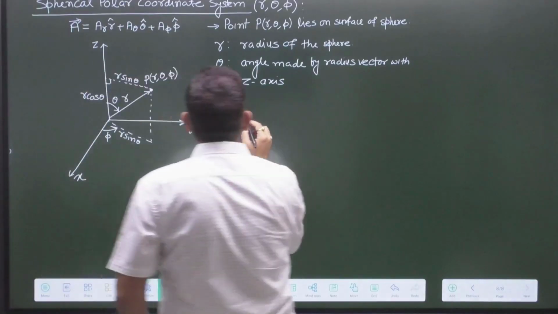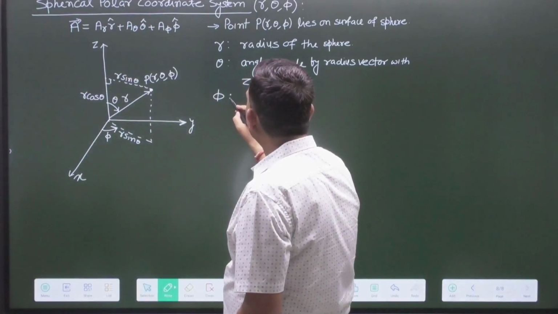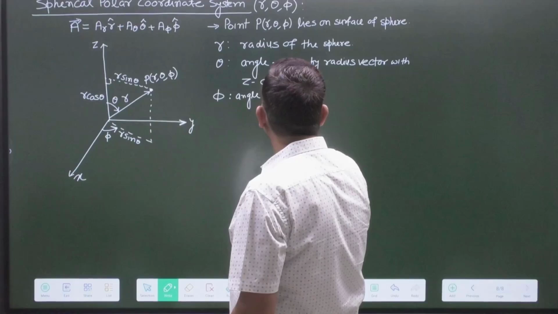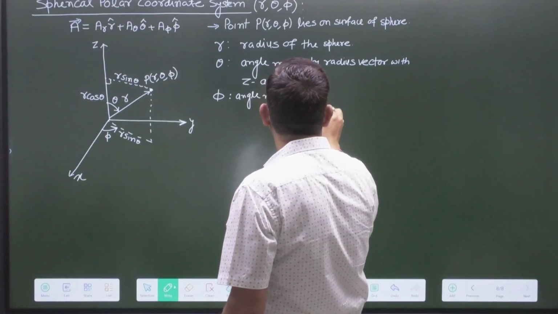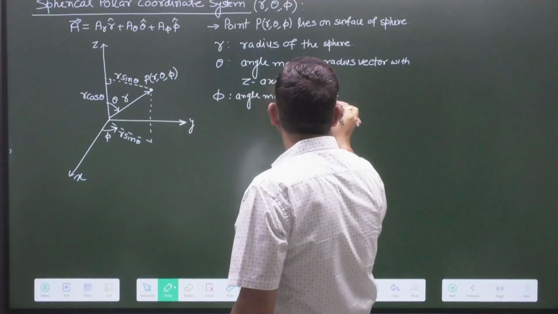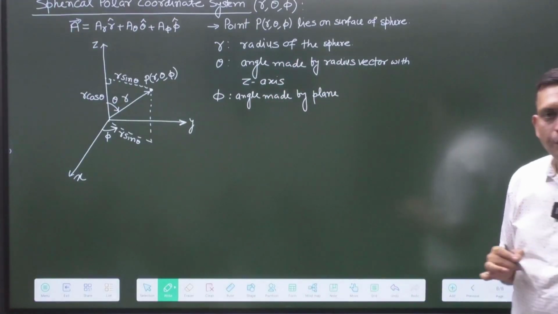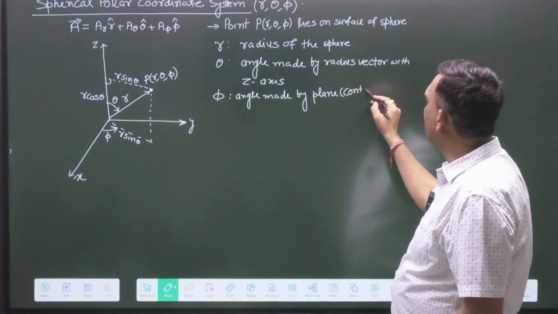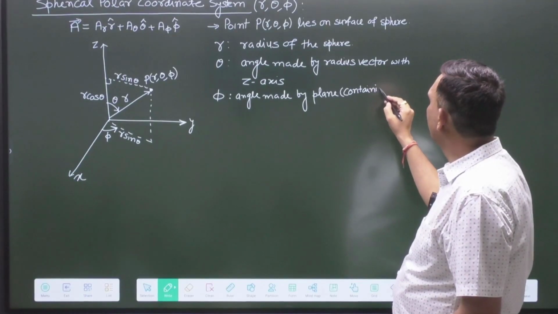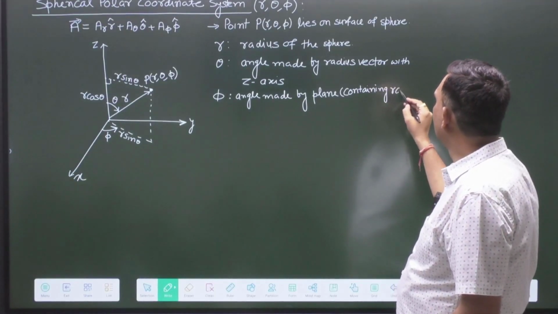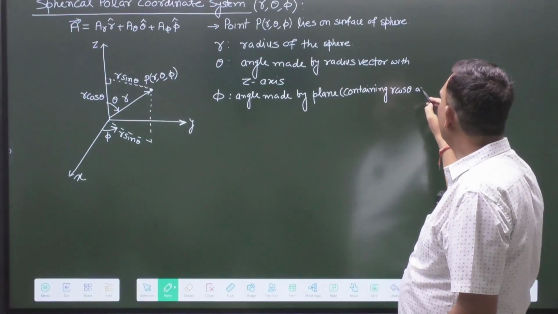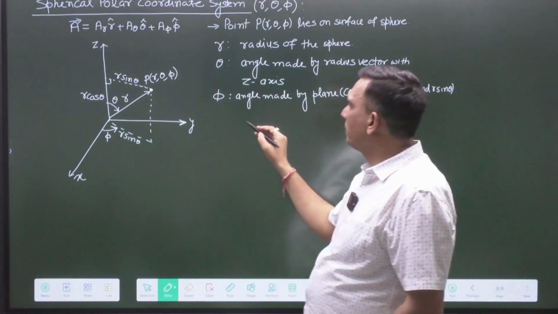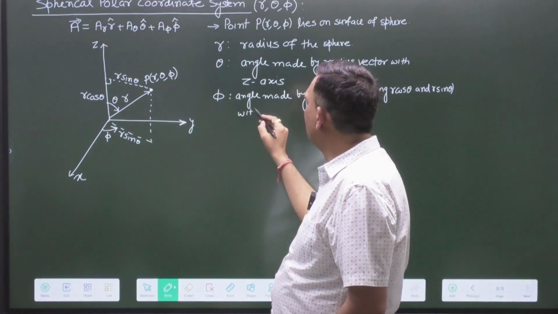So what is phi? Phi is the angle made by the plane, which plane, containing r cos theta and r sin theta, with x-axis.